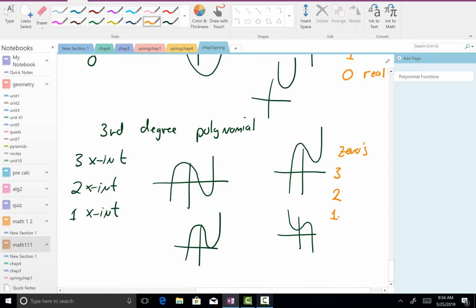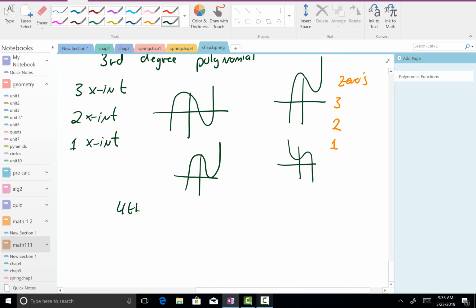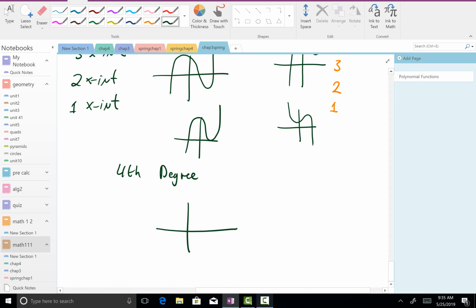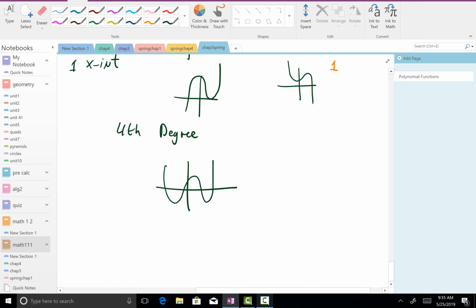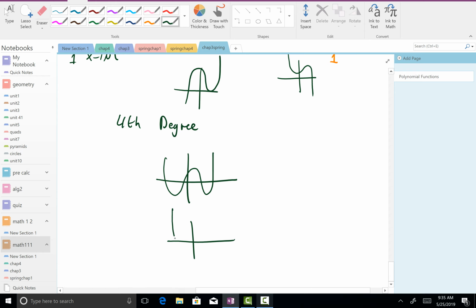One more, 4th degree. What does a 4th degree look like letter-wise? W. So that, see, did I cover them all? 1, 2, 3, 1, 2, 1, 2, 3, 4, and we could actually just have a 1.